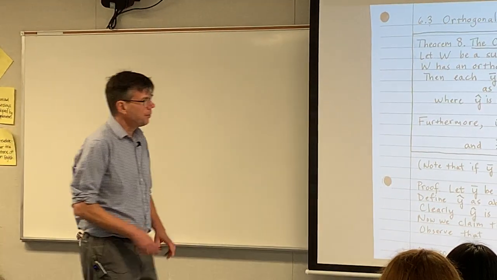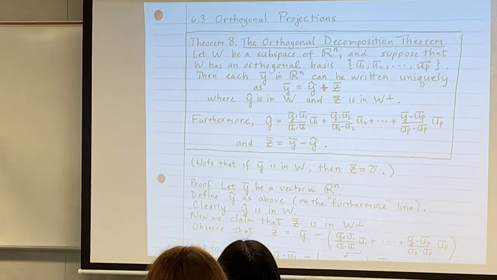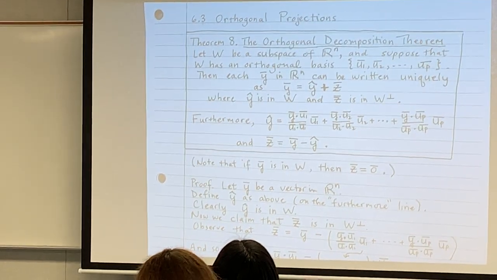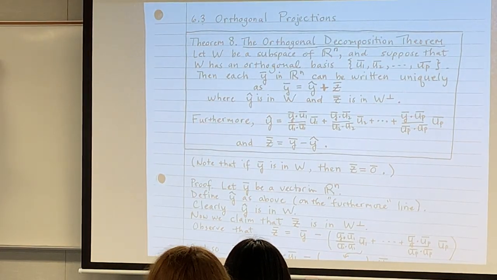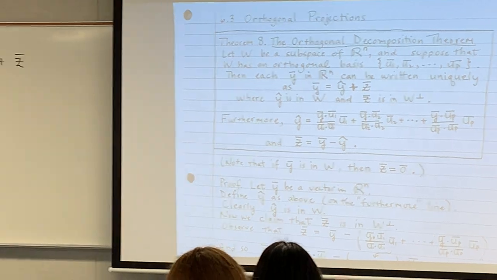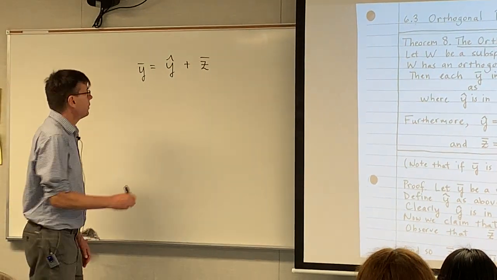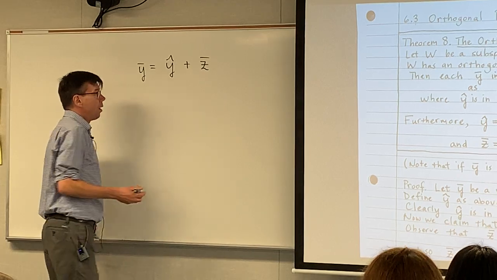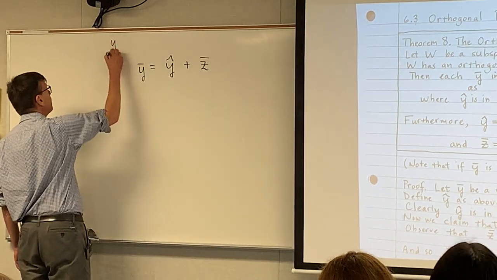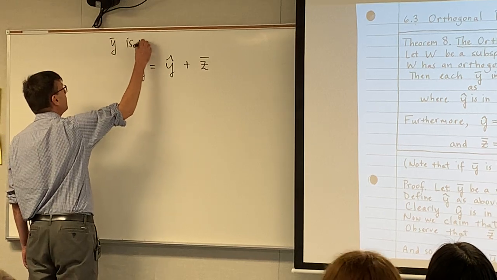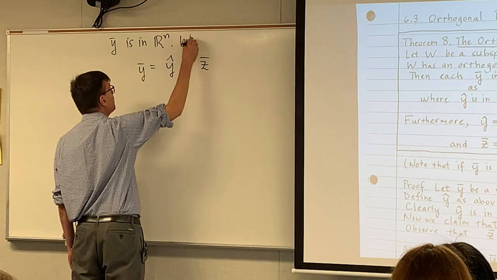Okay, so we got to get used to this formula here of y being y hat plus z. For whatever reason, this is the notation our textbook likes to use, where y is a vector in Rn, and W is a subspace.